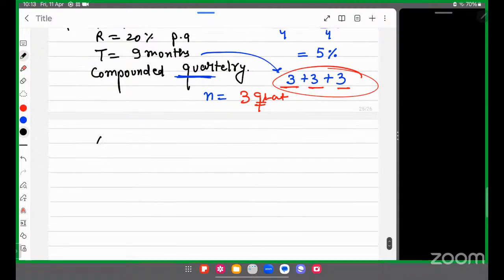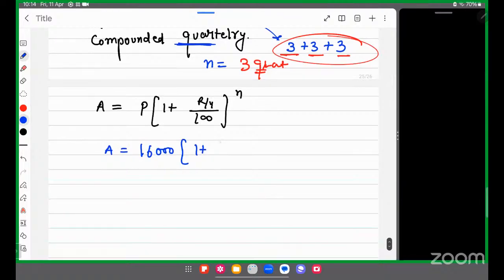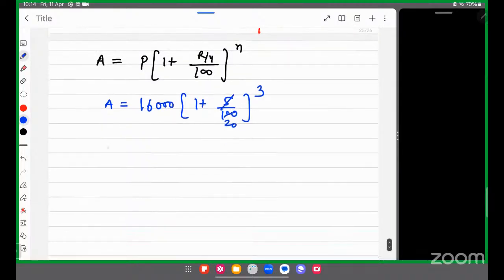So the formula will be A equals P in bracket 1 plus r by 4 by 100 raised to power n. So this will be 16000 into 1 plus r by 4, which is 5 divided by 100, raised to power 3. 16000 into 21 by 20, 21 by 20, 21 by 20.